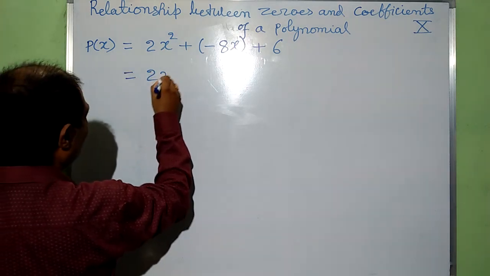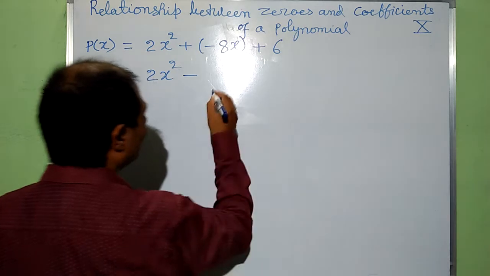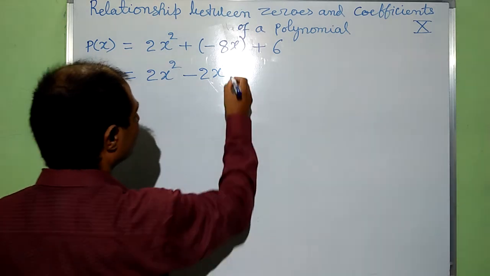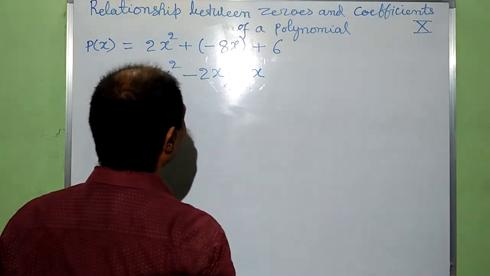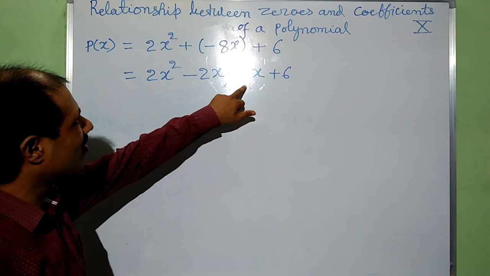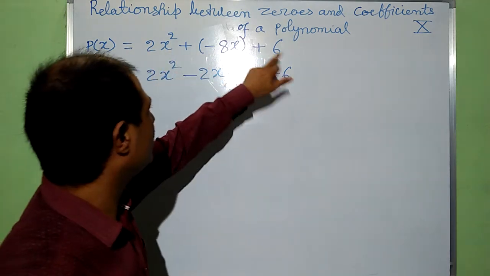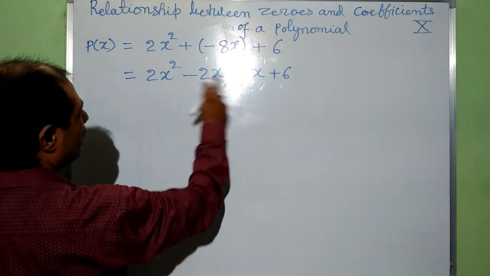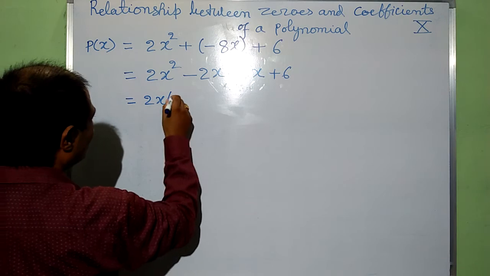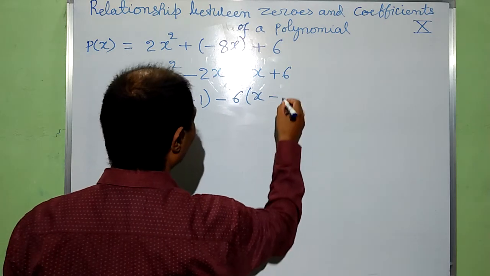So its factorization will be like this: plus, minus, minus. We can split minus 8x as minus 2x minus 6x, since 2 times 6 is 12, and minus 2x minus 6x is minus 8x. Now 2x is common, then we have x minus 1. 6 is common, then we have x minus 1.